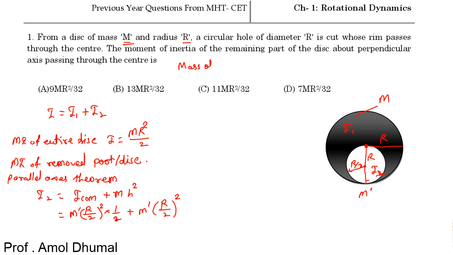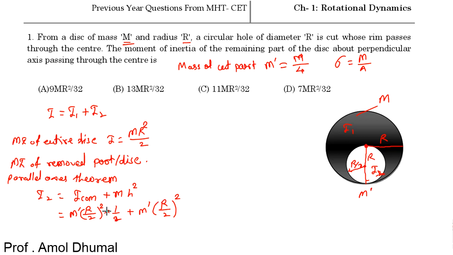The mass of the cut part, m dash, is equal to m by 4. For that we can use the area density, mass upon area.